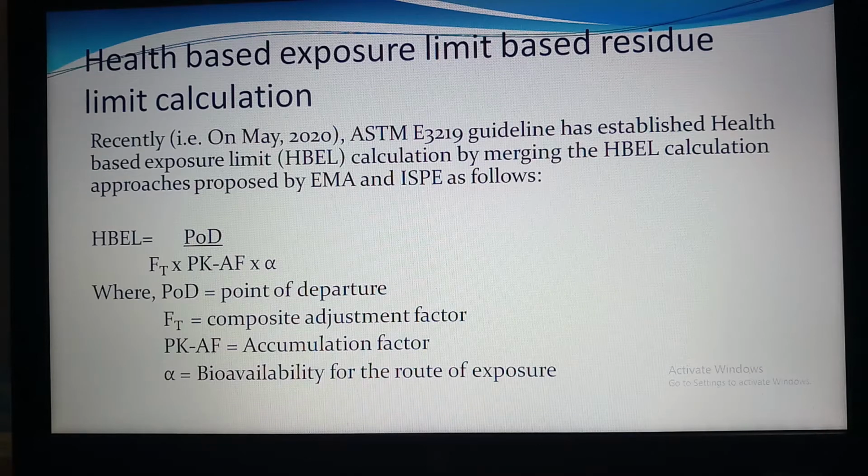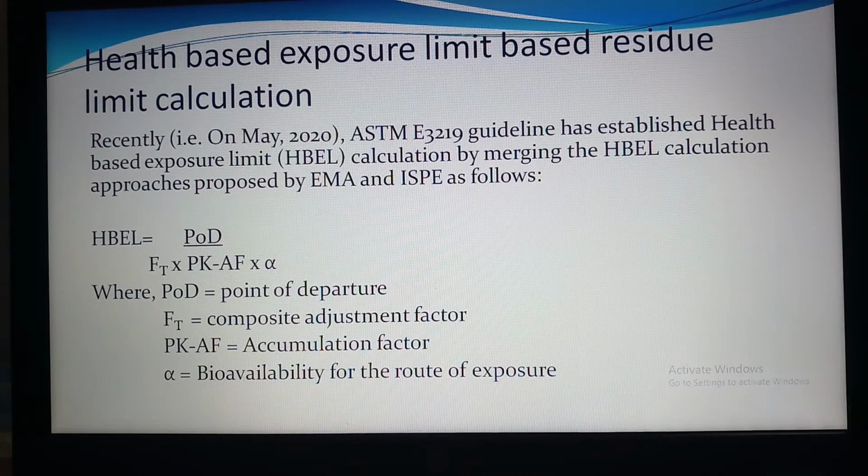And FT is the composite adjustment factor, PKAF is the accumulation factor, and alpha is the variability factor for the route of exposure. This factor is used for different routes of exposure.